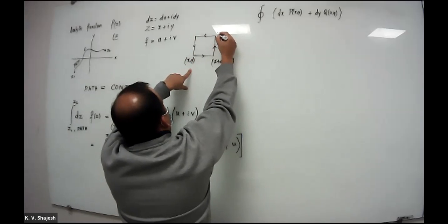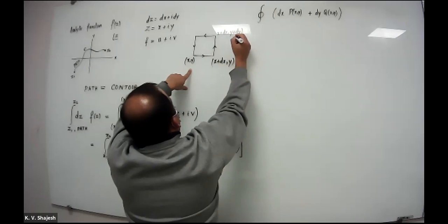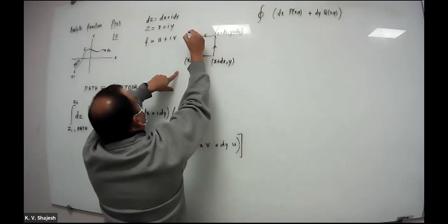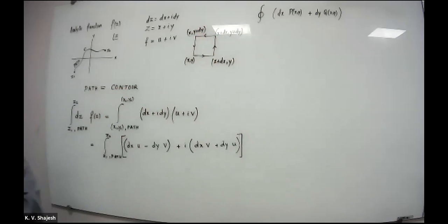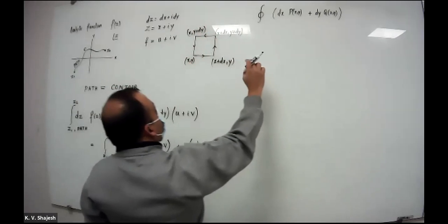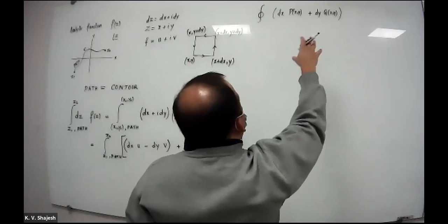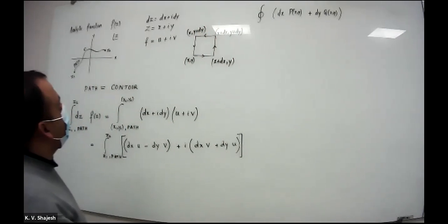Then I keep x plus dx the same and increase y, and then come back here. This is x again, but it is y plus dy. So this involves 4 contours, right? So there's 4 pieces on one of them, 4 pieces on the other one, if you want.